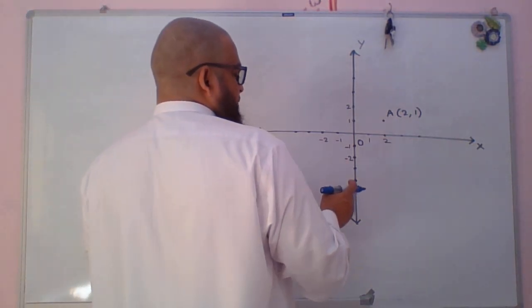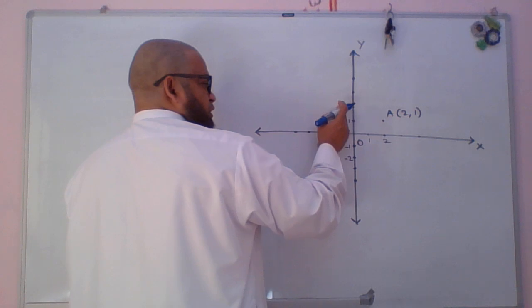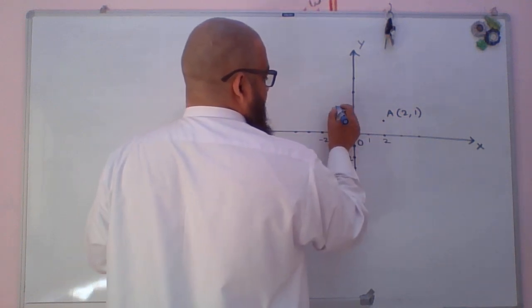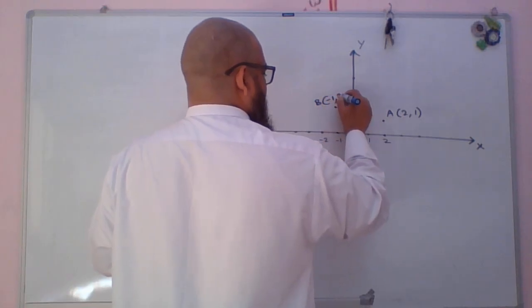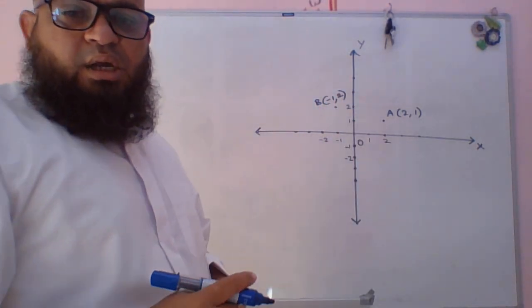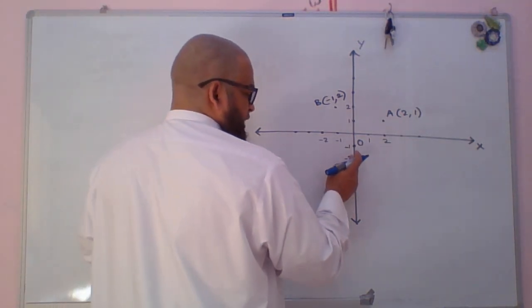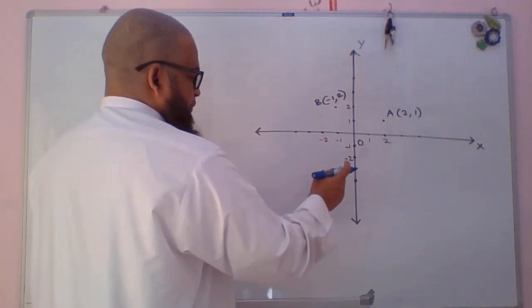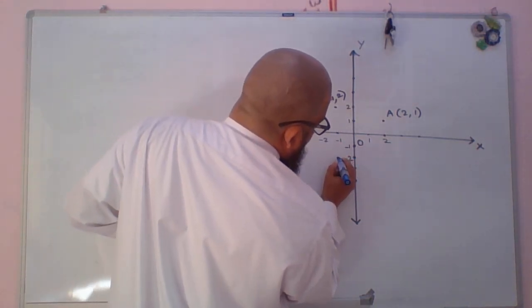Where is B, -1 comma 2? The x coordinate is negative and the y coordinate is positive, so the point lies over here. So this is B, -1 comma 2. Okay, and C, -2 comma -1, so the point lies somewhere over here.